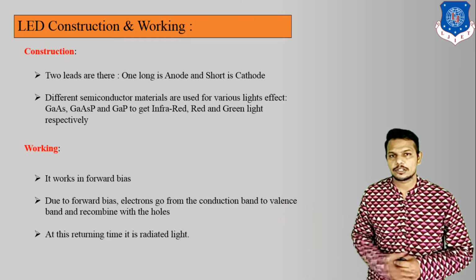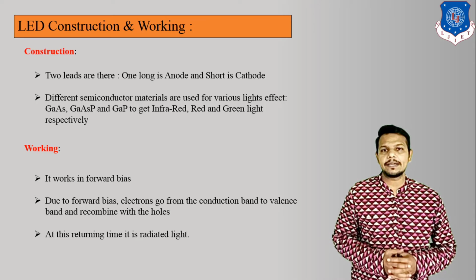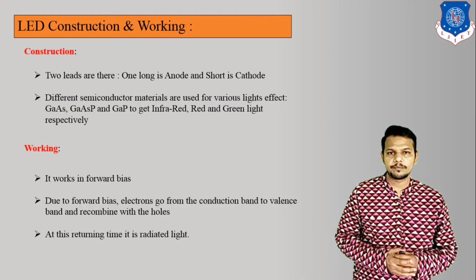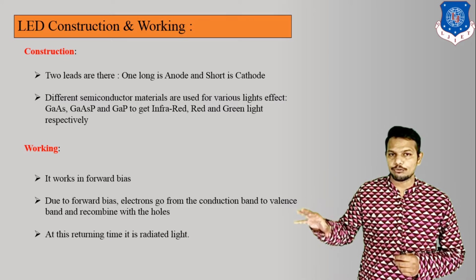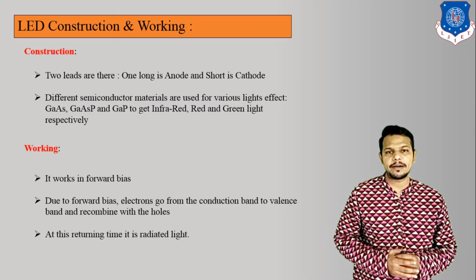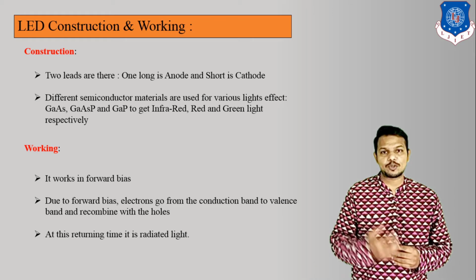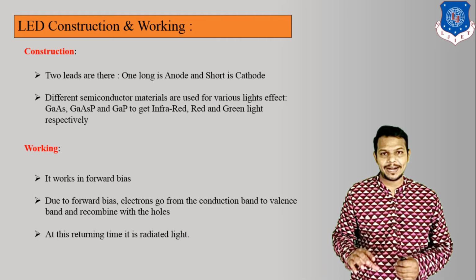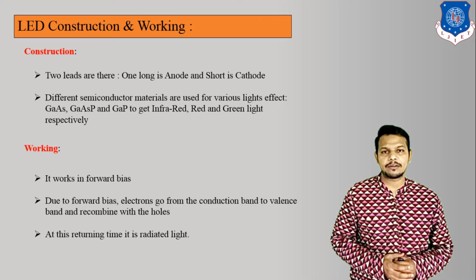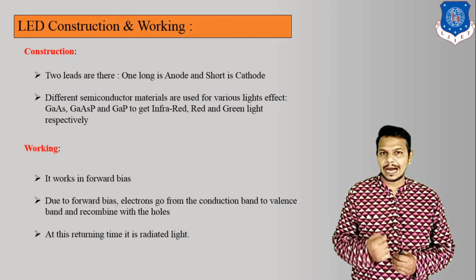Now let us discuss the working principle. An LED mostly works in forward bias. Due to forward bias, electrons go from the conduction band to the valence band and recombine with the hole. There are different types of band. One is the valence band, which is the lower band, and the other is the conduction band, which is the higher band. An electron is in an idle condition.